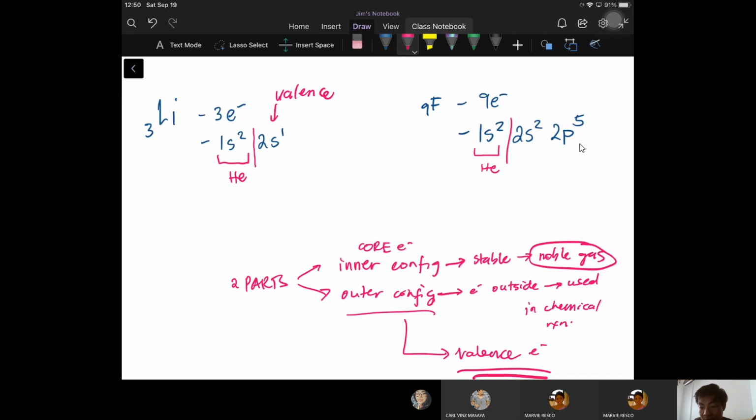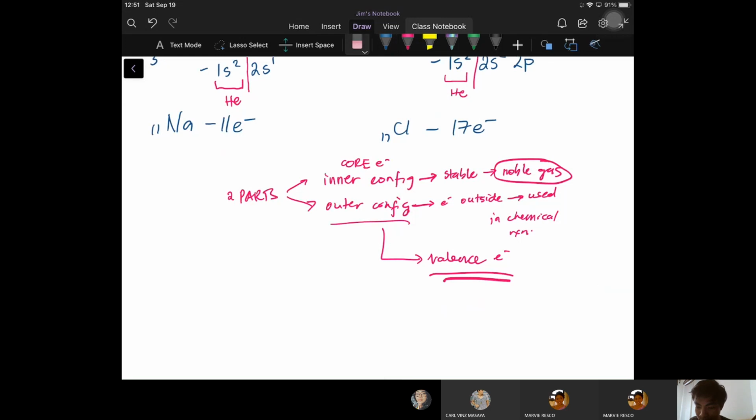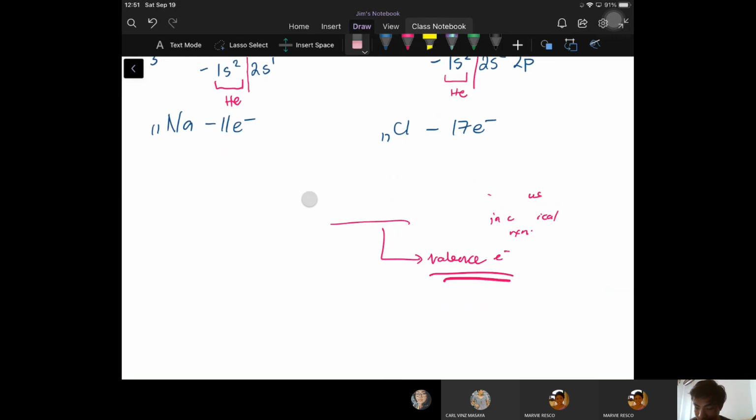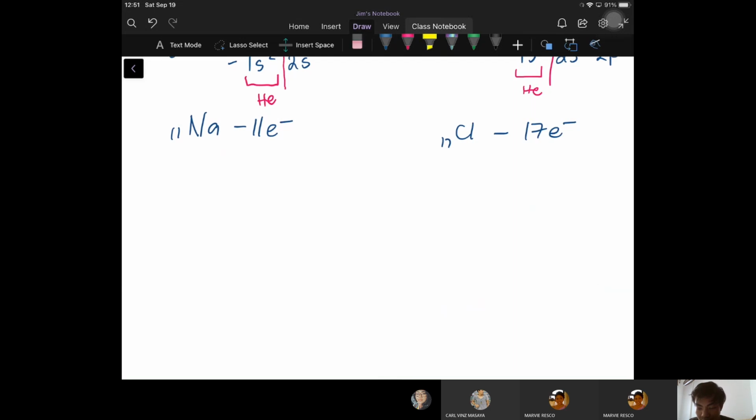Practice pa tayo para sunod-sunod na yung idea natin, para mag-burst na yung ideas natin. Let's say chlorine, 17. Okay, so let's have sodium. 11 yung electrons niya.